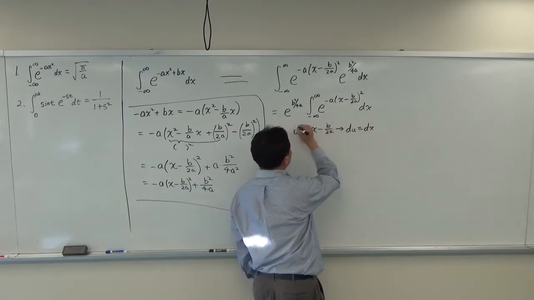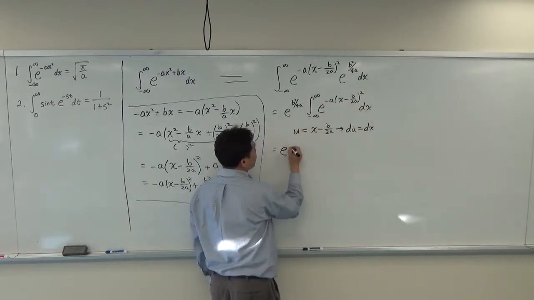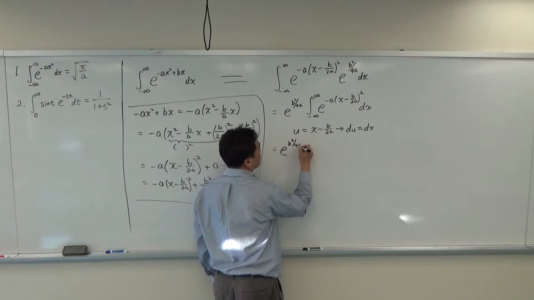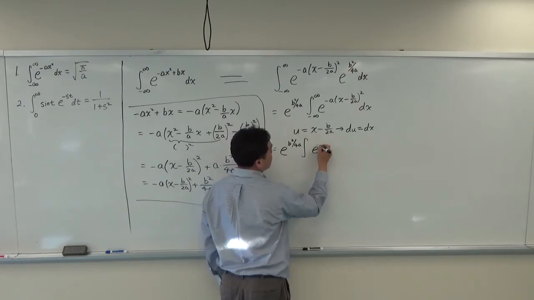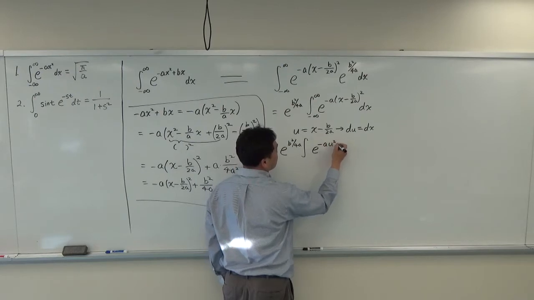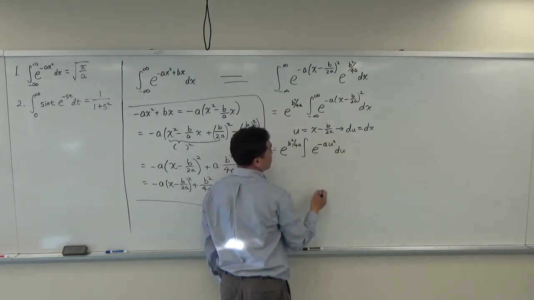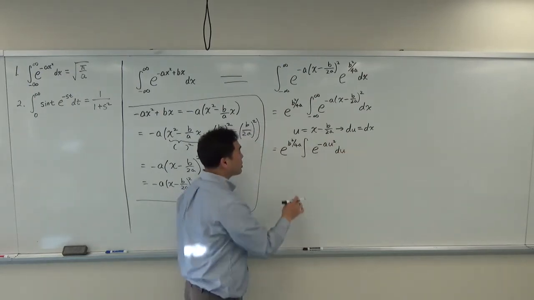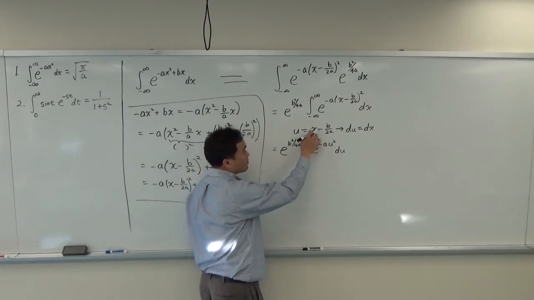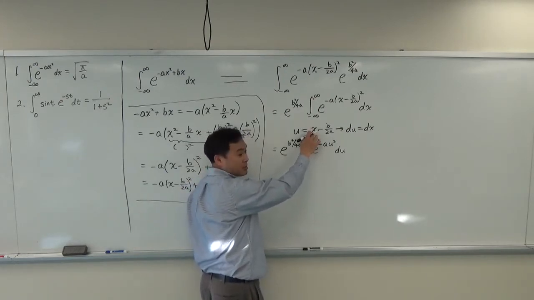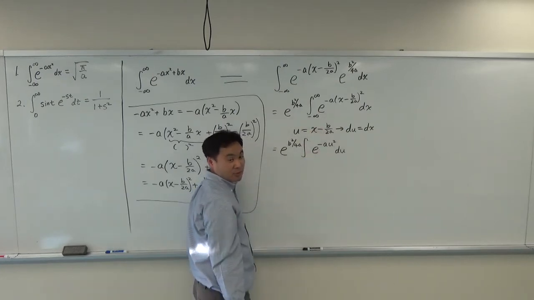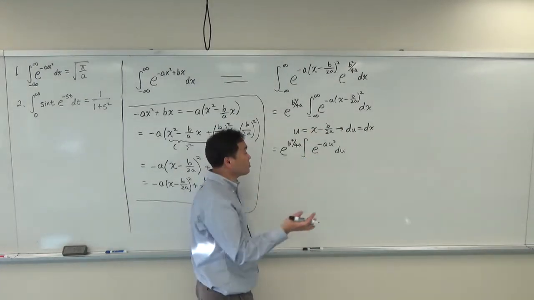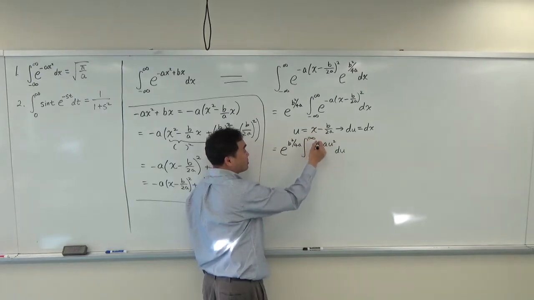So this can be written as the integral of e to the negative a u squared du. And then you also have to think about what goes here and there. So if x is infinity, what's infinity minus some value? Still infinity, right? So the top will still stay as infinity.